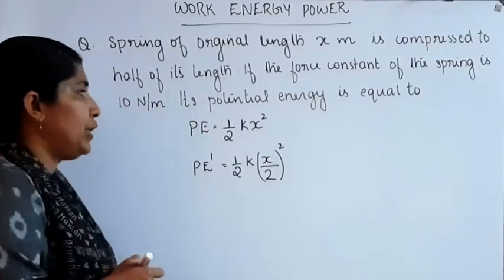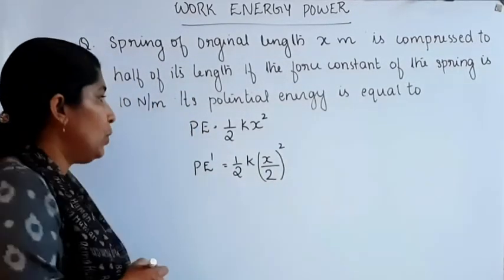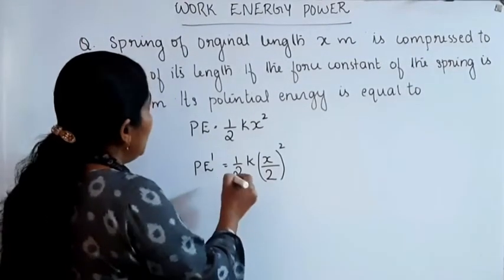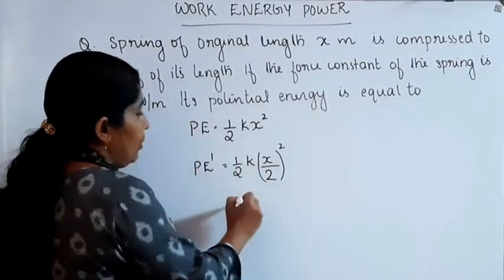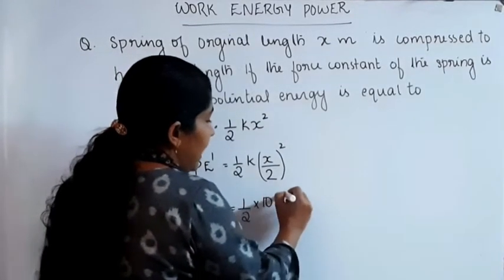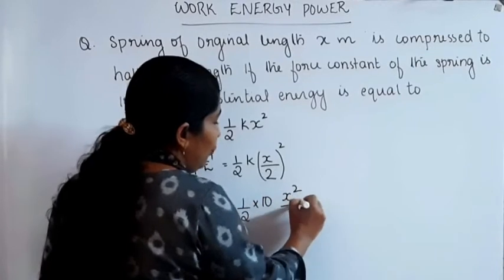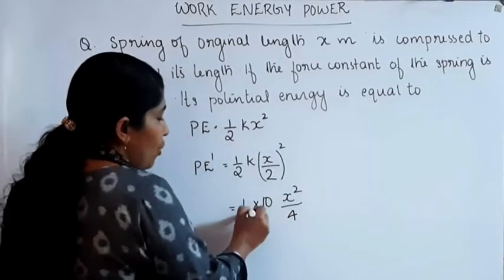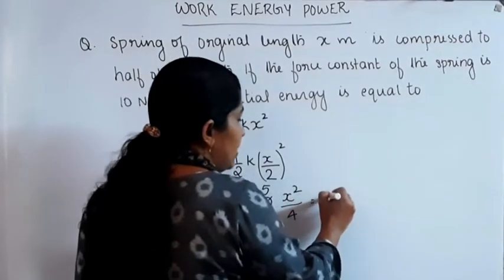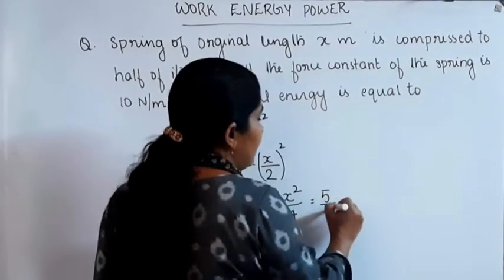Now we can substitute the value of k, k is equal to 10. Then half into 10 into x square divided by 4. The 4 cancels with 10 to give 5. Then potential energy is equal to 5 by 4 x square.